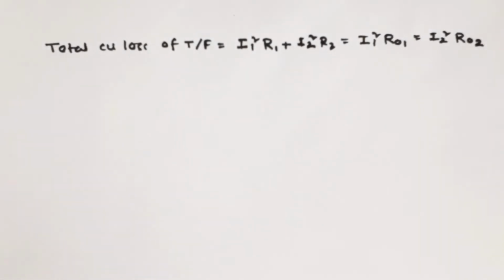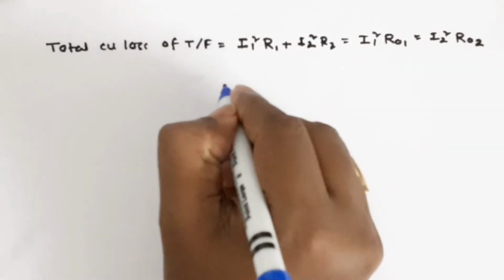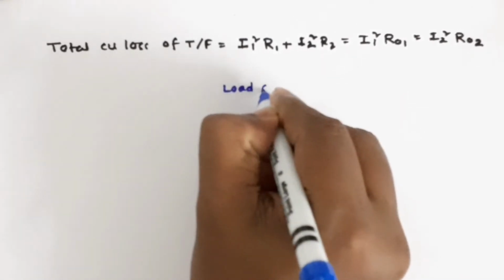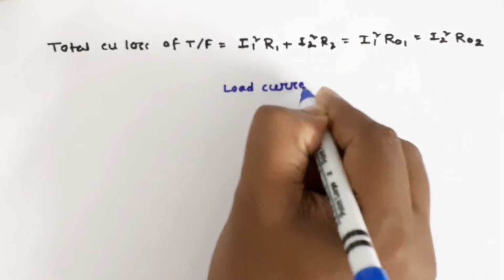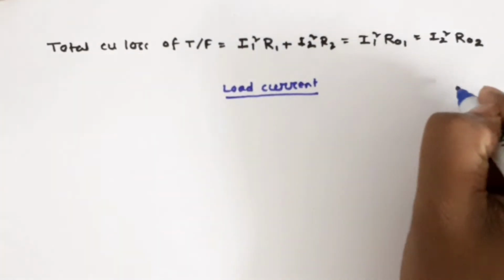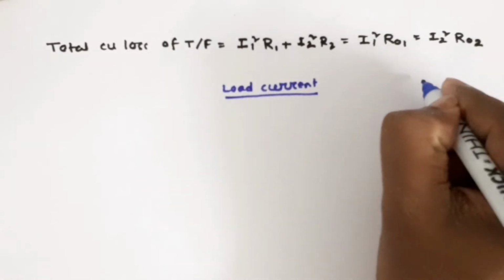Now we'll make a chart of load current and copper loss.